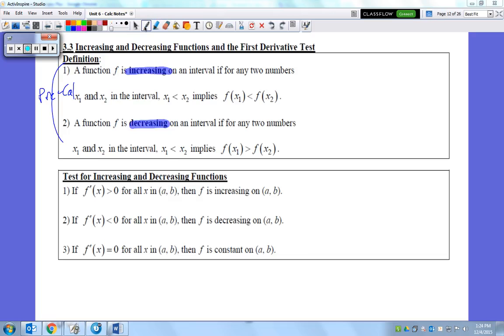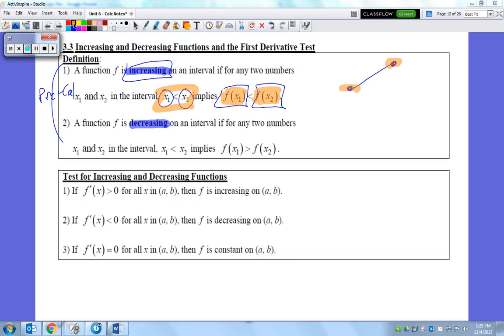For instance, if I have an x value that is less than another x value, and for that pertaining x value, its y value is less than that other guy's y value, I'm looking at a graph that looks like this. And if I draw something in between them, this graph is increasing. This goes without saying. All this is saying is that this y value is less than this y value as I'm going from left to right.